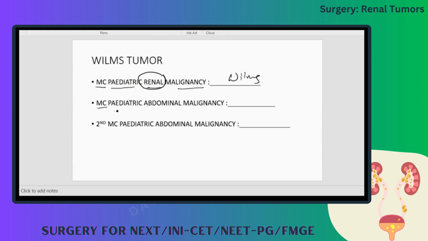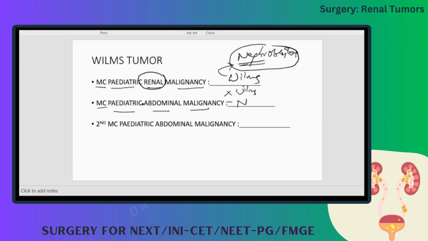Another name for Wilms tumor is nephroblastoma. Nephro, kidney. Nephroblastoma.